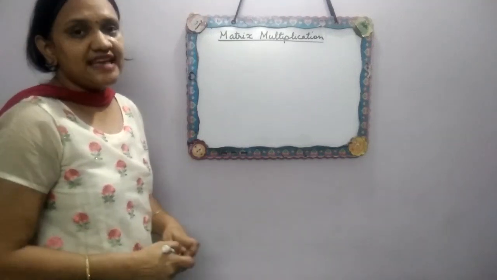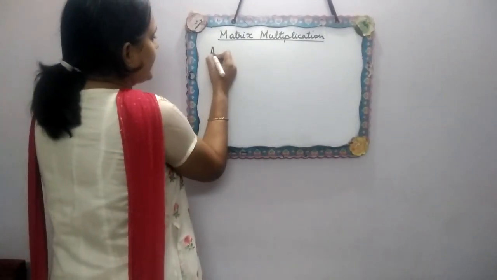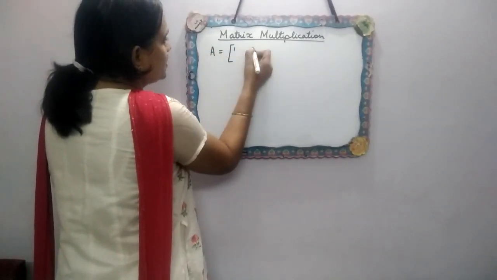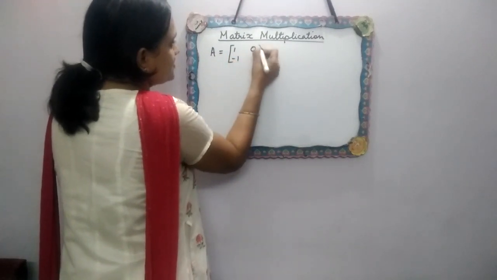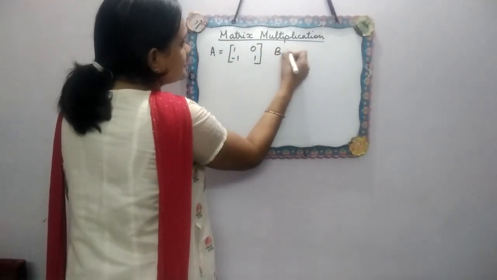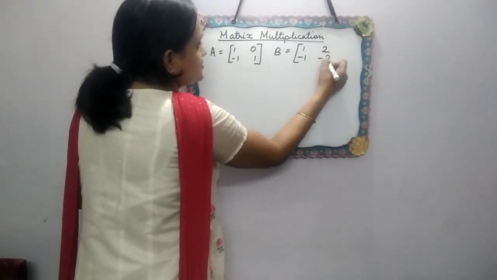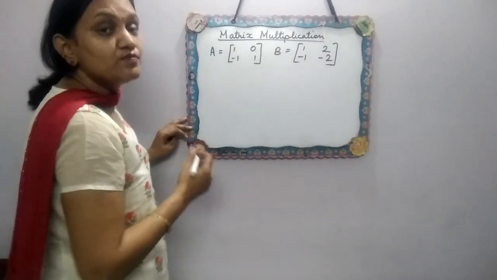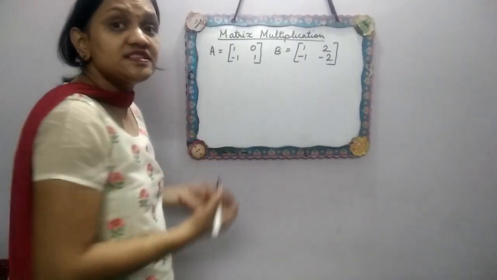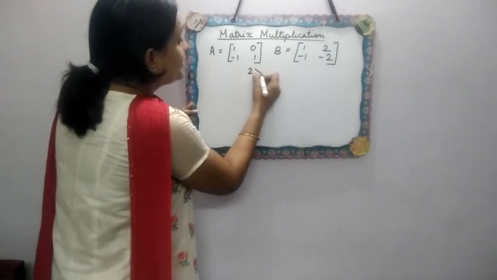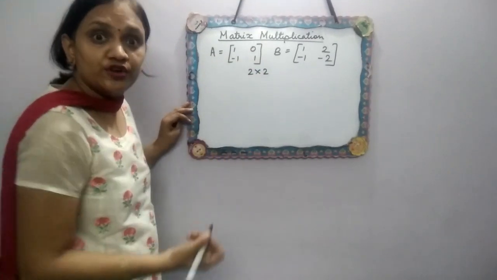Now let's take an example where A is equal to [1, 0; minus 1, 1] and B is equal to [1, 2; minus 1, minus 2], and let's try to multiply the two matrices. What is the order of A? Order of A is 2 by 2. What is the order of B?